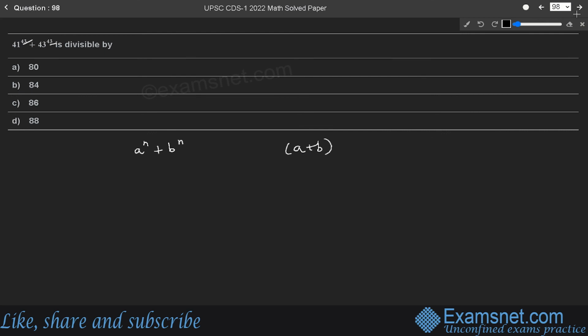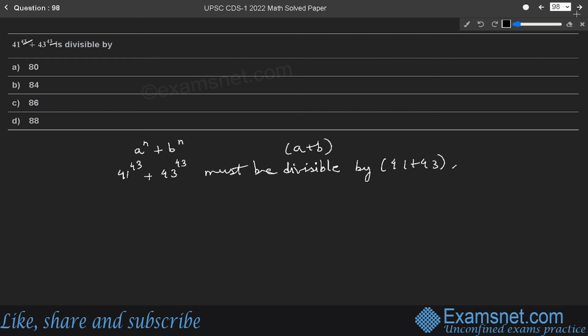Therefore 41 to the power 43 plus 43 to the power 43 must be divisible by 41 plus 43 according to the concept.